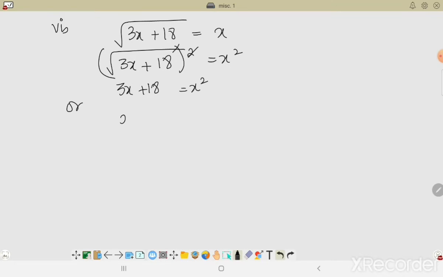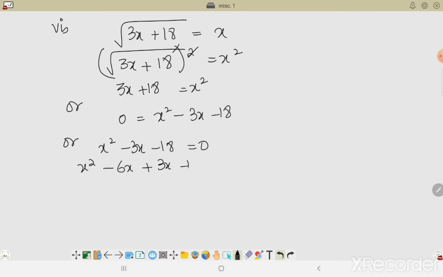We'll just do the factorization. x square minus 3x minus 18 equals 0. Let's break the middle term: x square minus 6x plus 3x minus 18 equals 0.